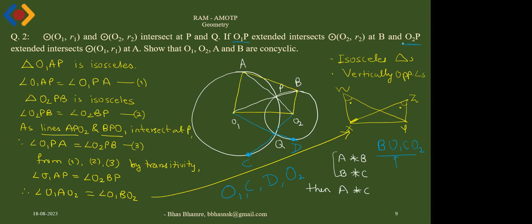Okay. I think we need to think whether they are cyclic or not. B O1 C O2 is not necessarily cyclic, and if so, that would be a special case. Here, I am not finding them cyclic. If they are cyclic, then opposite angles must be supplementary, so you check whether the angles are supplementary or not.